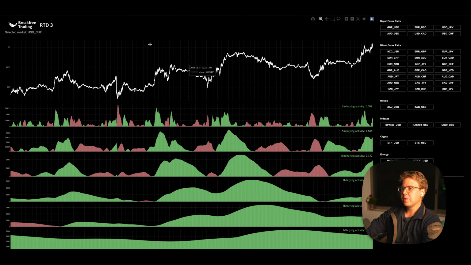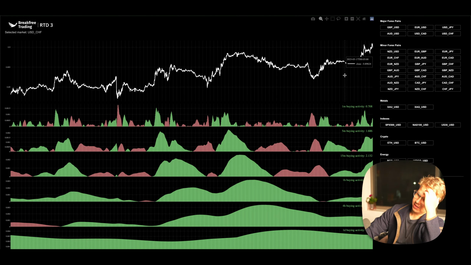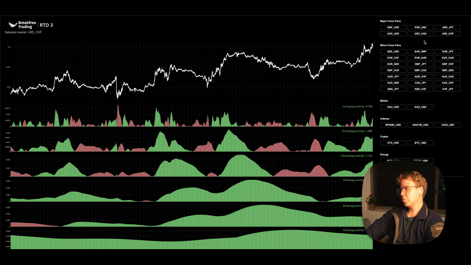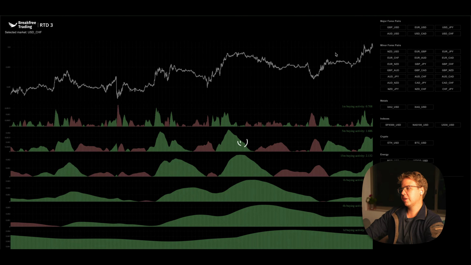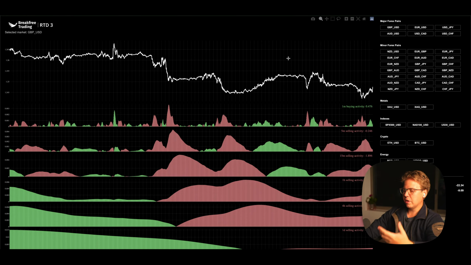So maybe you know already. I don't know if you know, but we launched this new version of RTD, which is pretty cool because it gives you an insight into the market on a very high resolution scale.